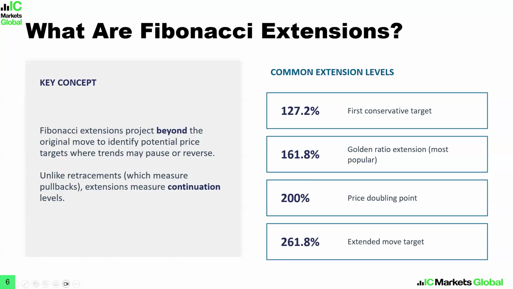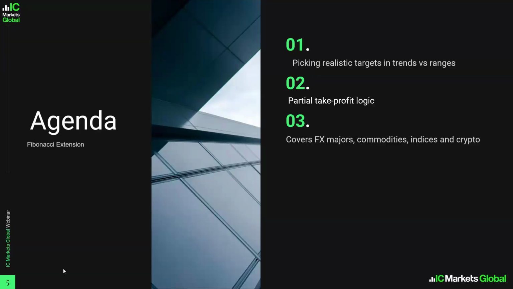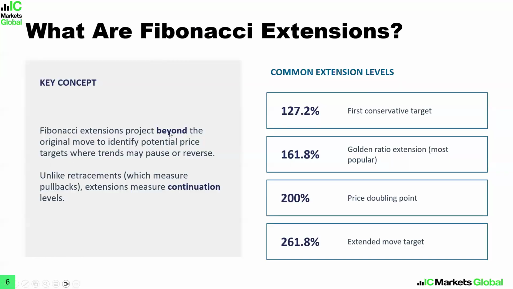So what is Fibonacci extension? The key concept is that Fibonacci extension projects beyond the original price to identify potential price targets where the trend may pause or reverse. Unlike Fibonacci retracement, which we use for the pullback, the extension measures continuation levels.